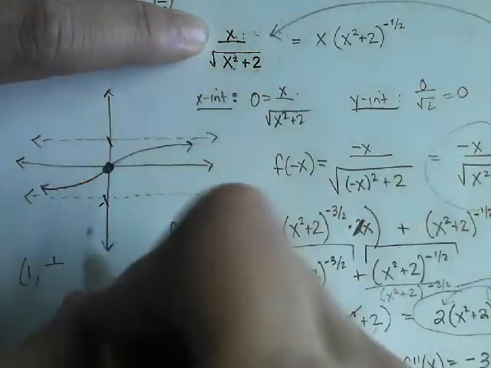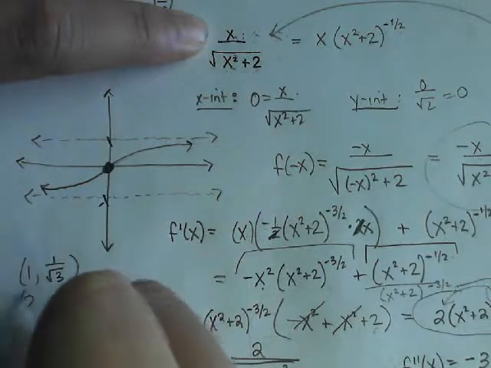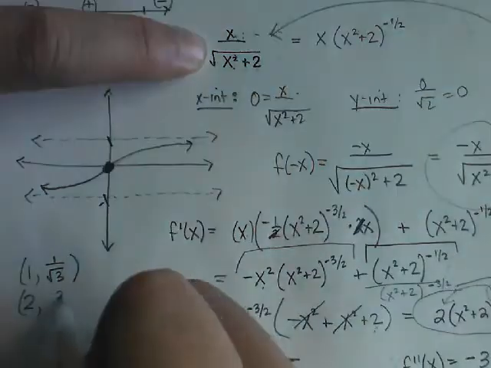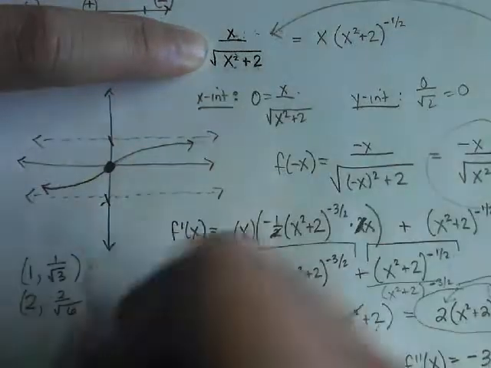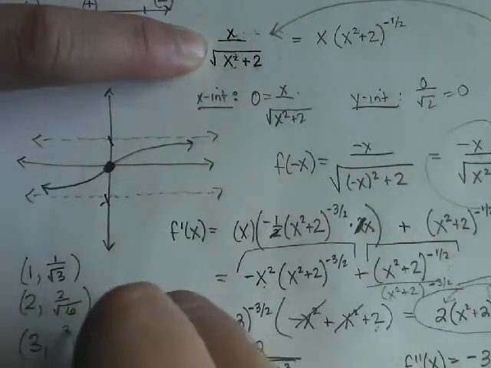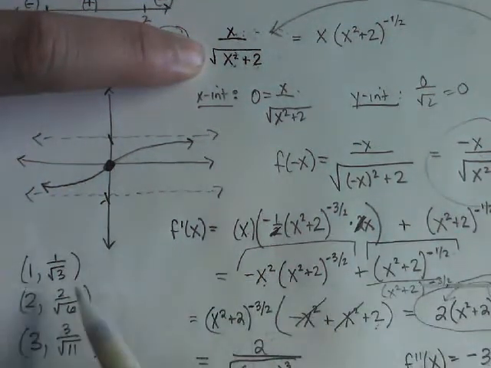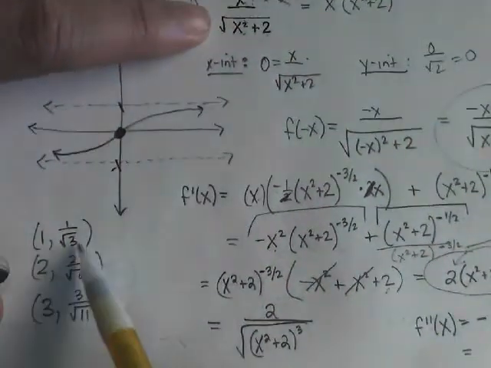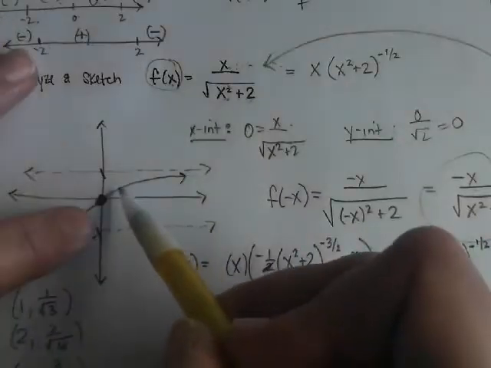If I plug in 3, I'm going to get 3 over root 11. So is this number ever going to be greater than 1? No, and for that reason, you would know it never went above 1 and then evened out. It just stayed right below it the whole time. So you could also get that without doing the derivative stuff. Good? Okay.